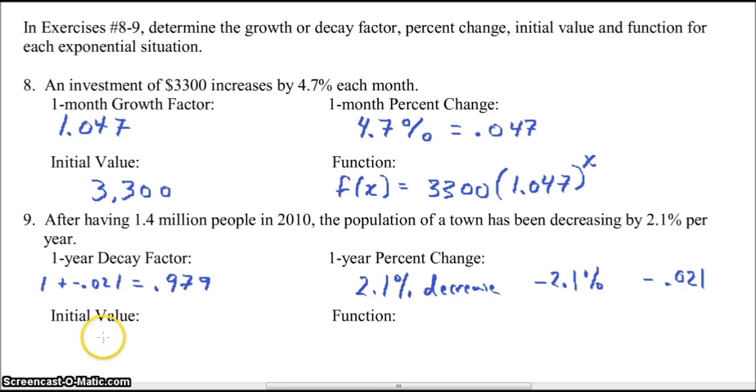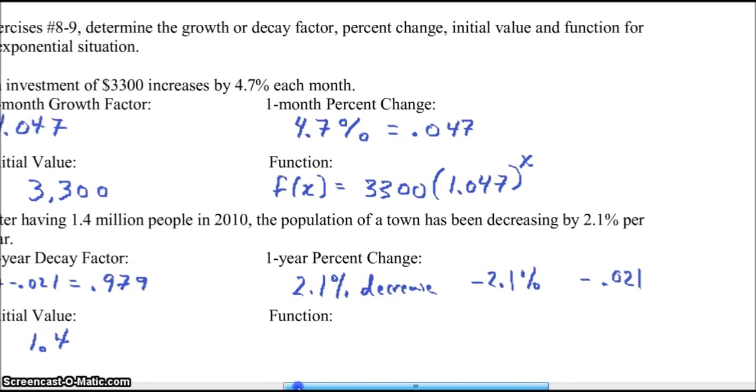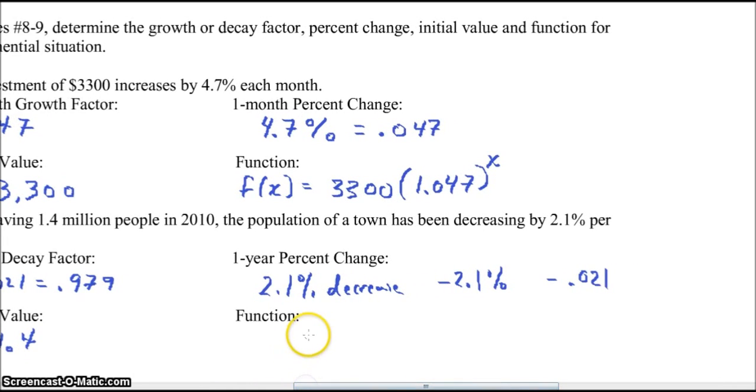1.4 million people in 2010, so we could call that our initial value, 1.4. We'll just understand that that's million, and then our function, we could say f of x equals 1.4 times 0.979 to the x, and here it might be important to give some context.